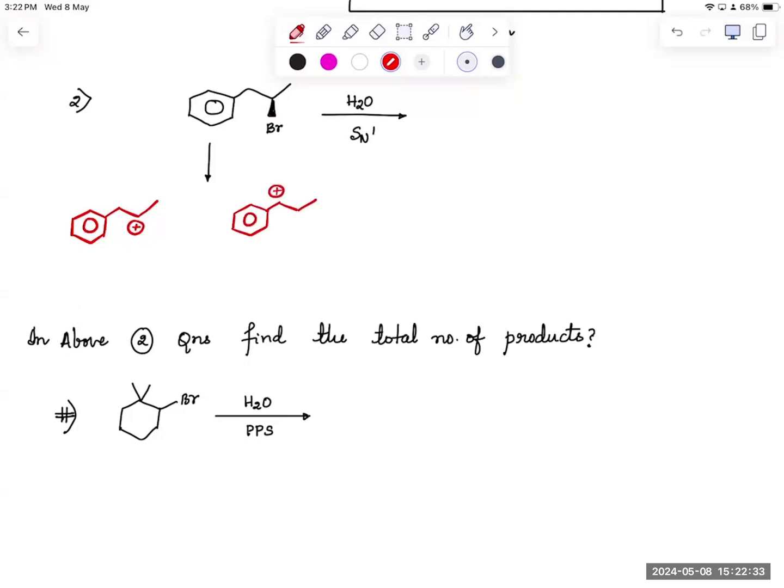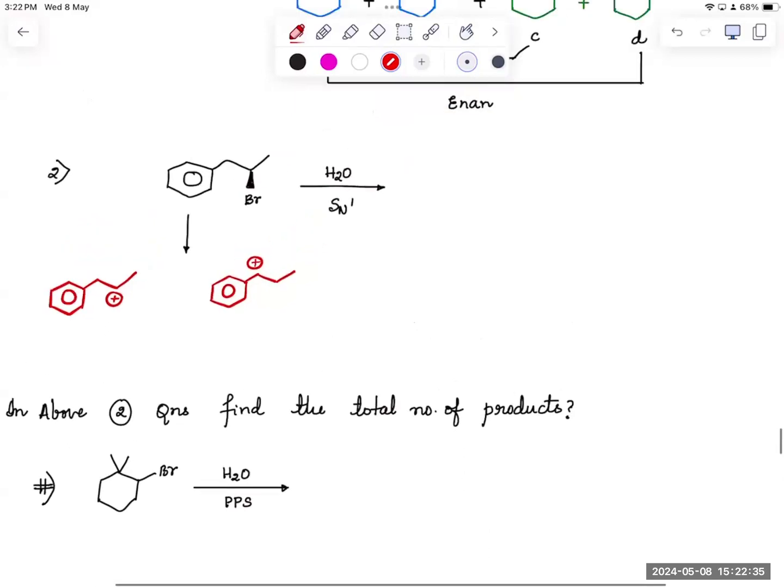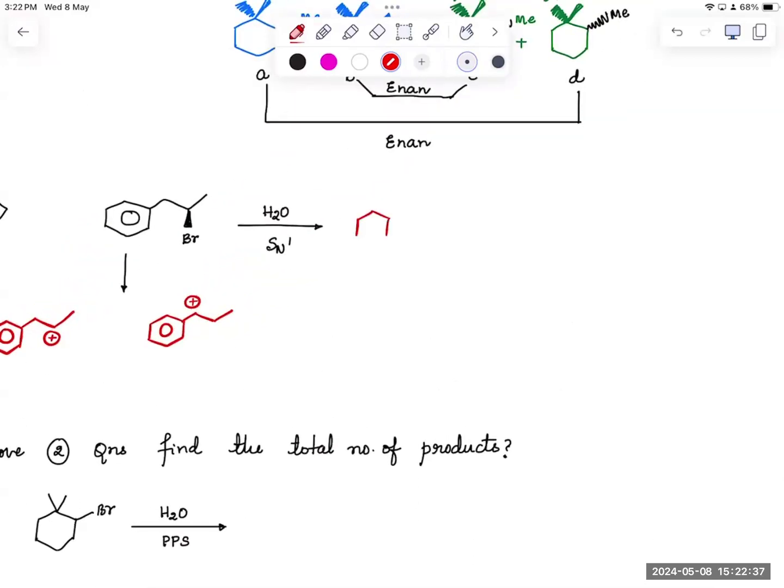This is the second carbocation. So based on that, what are the products I'll get? I will get like this with OH, and this is a chiral center, plus benzene with OH with a chiral center here. So this is plus or minus, this is plus or minus.